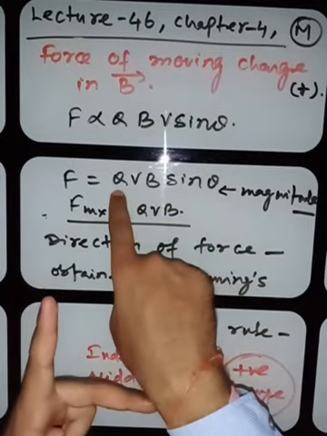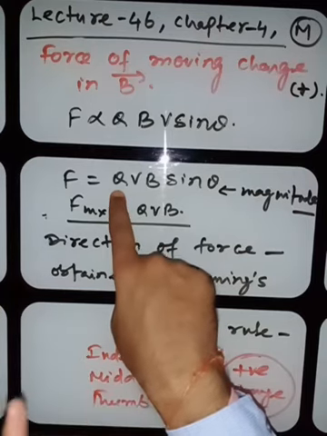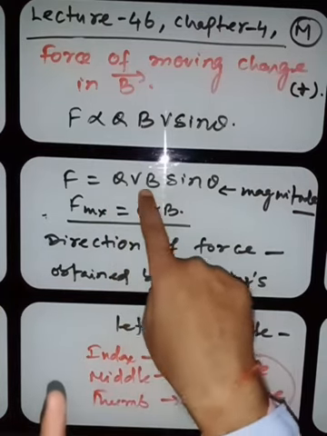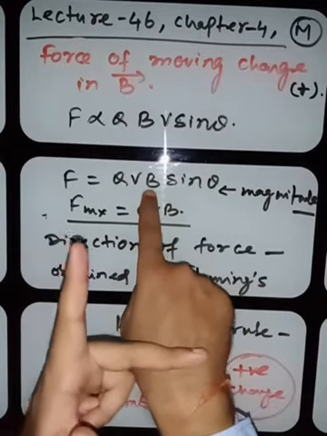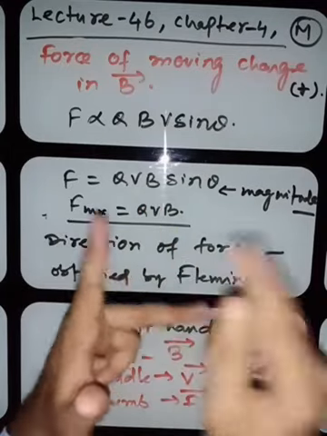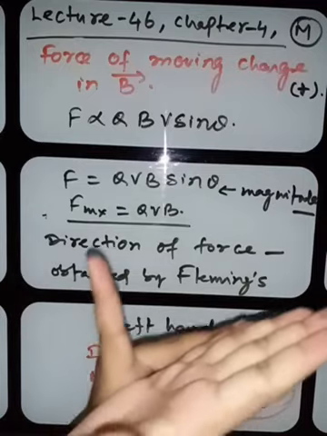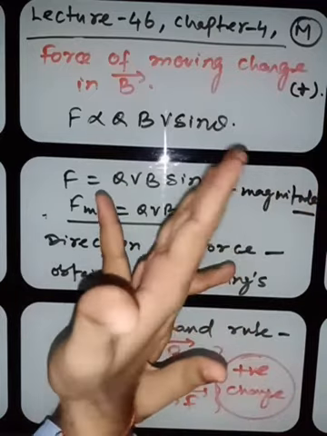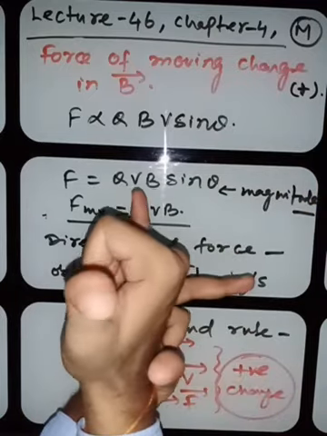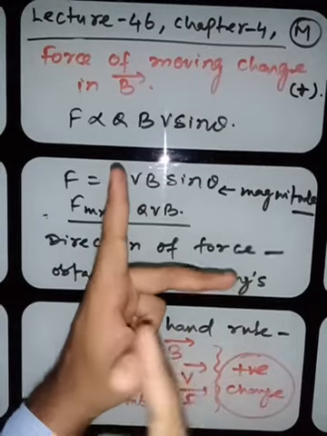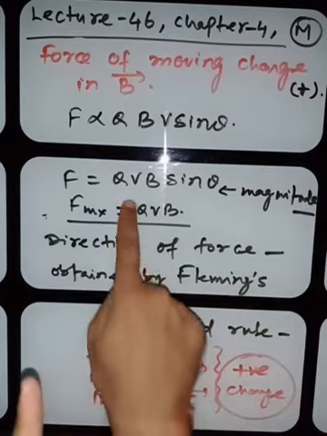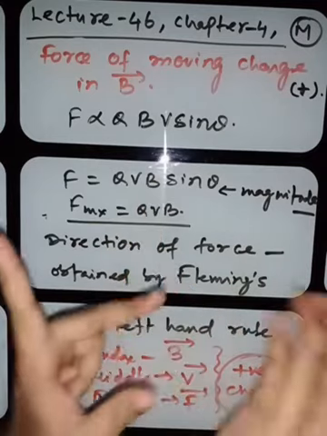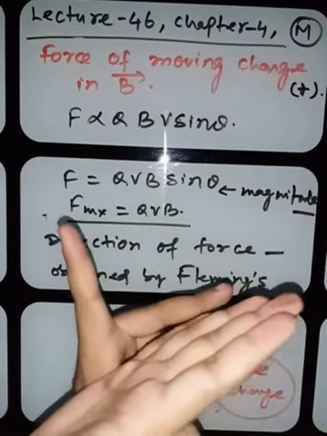Q is the scalar quantity. Now V B sine theta. So V, this one, then after V, you move towards B. Then the thumb will give the direction of force. V cross B, you have to write in this order only. V then B. QVB, try to remember.